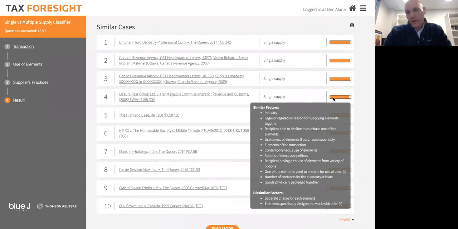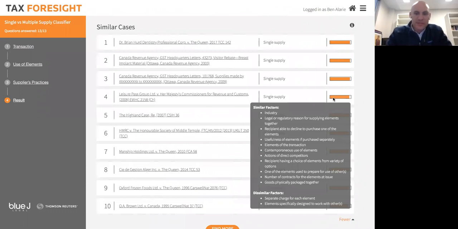So one of those dissimilar factors, a separate charge for each element, was absent in that case, which would seem to indicate that it's more likely to be a single supply. The other one, elements specifically designed to work with the others, was not present, which would seem to militate in favor of a multiple supply.